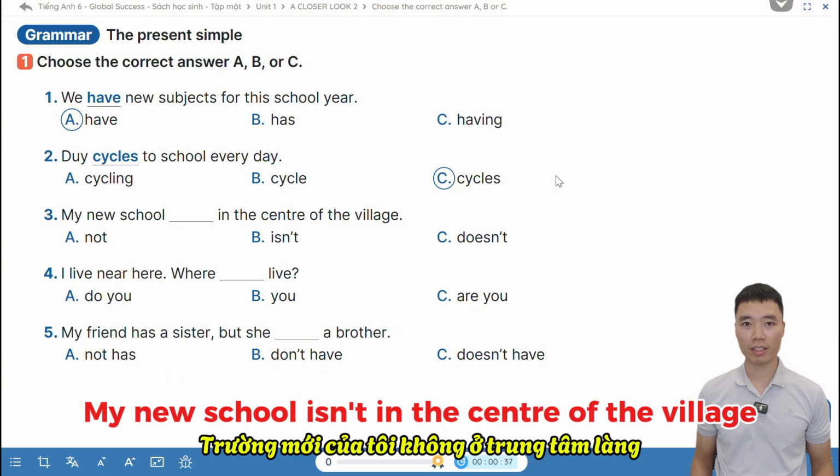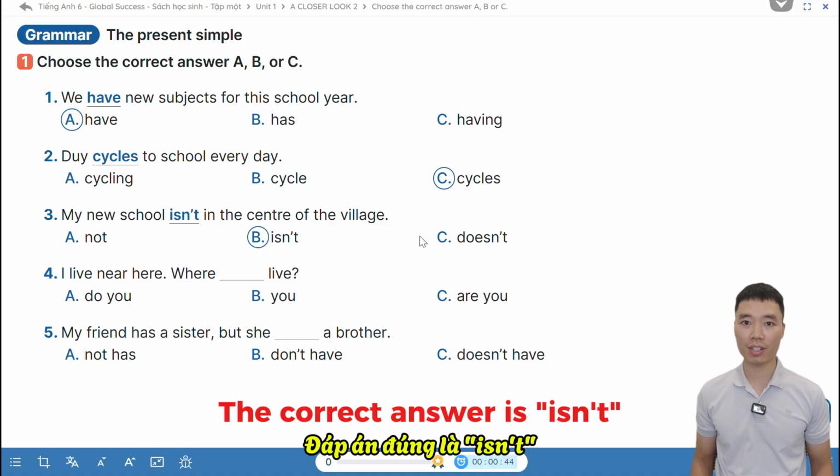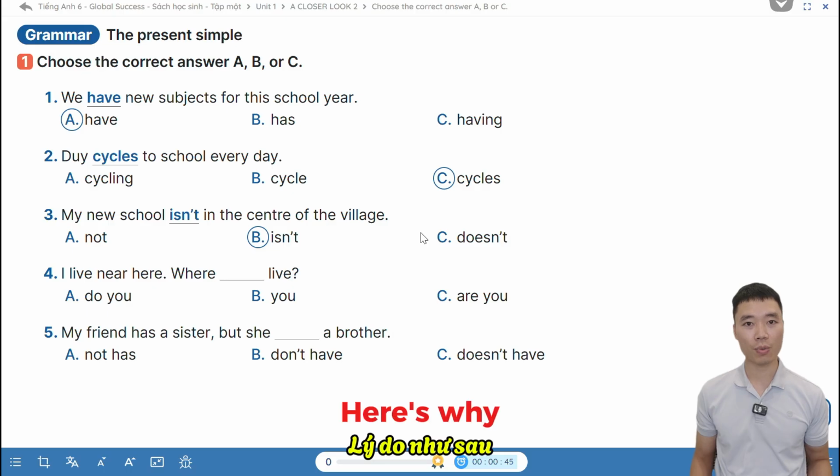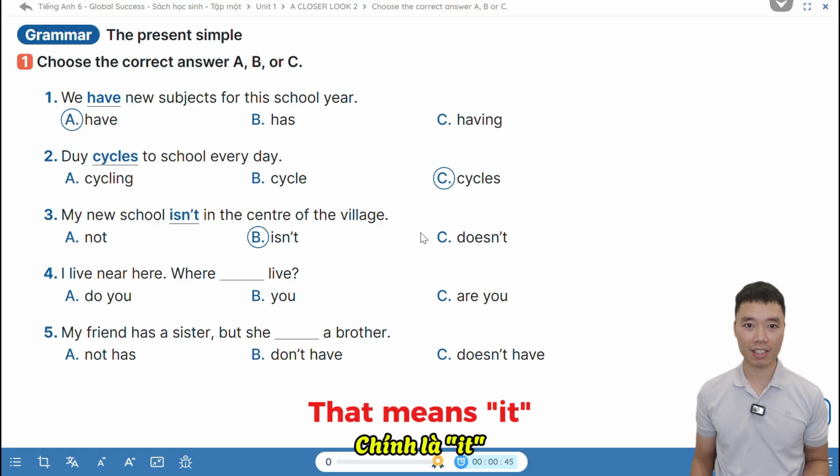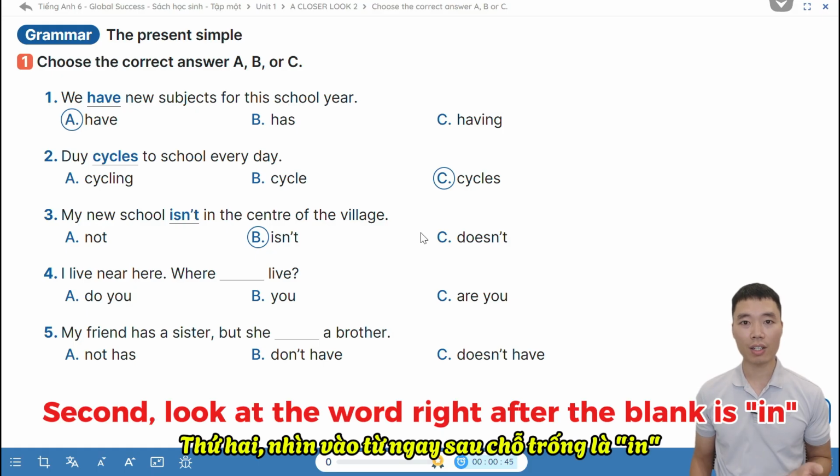Number 3. My new school isn't in the center of the village. The correct answer is isn't. Here's why. First, look at the subject. My new school. That means it. Second, look at the word right after the blank: in.